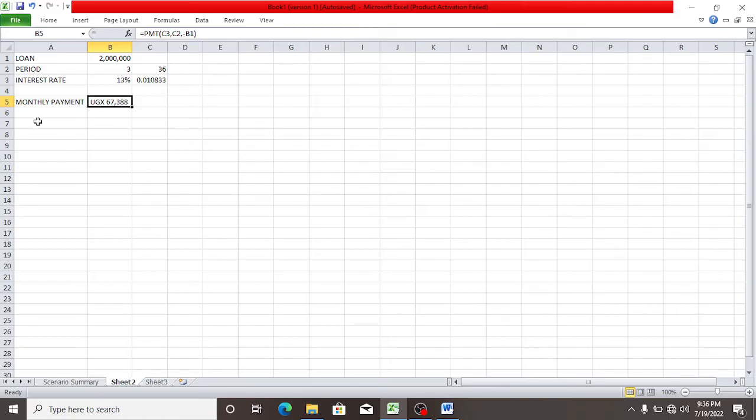Now for data tables, you have to first describe the way your table wants to look like. So it's going to look like this. Bank, and then interest rate.